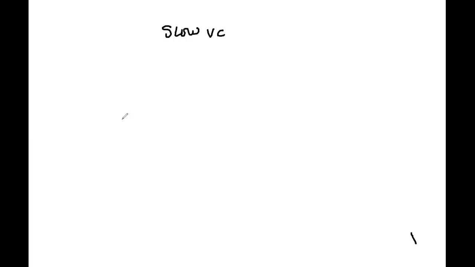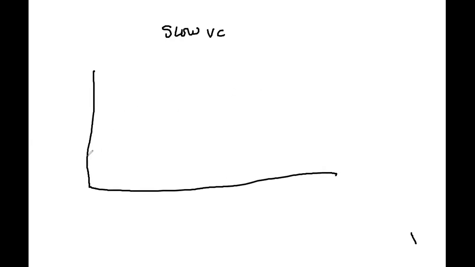Here is my graph, right? This would be 1 liter, 2 liters, 3 liters, 4 liters. Volume, liters. And then this would be time, in seconds.